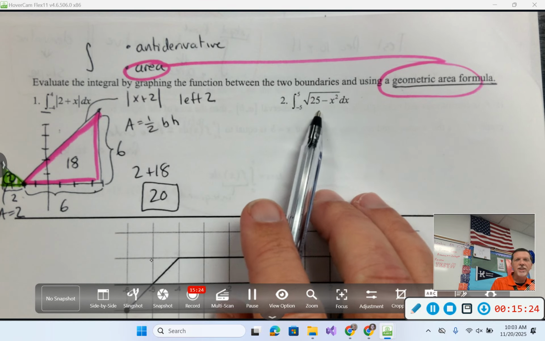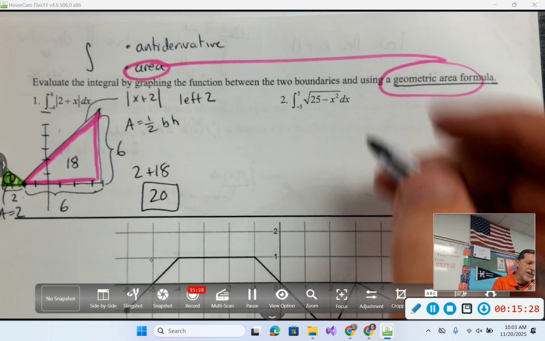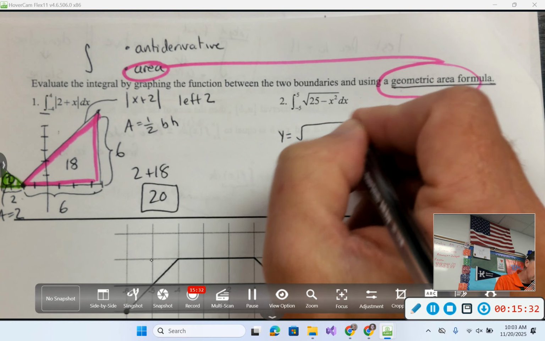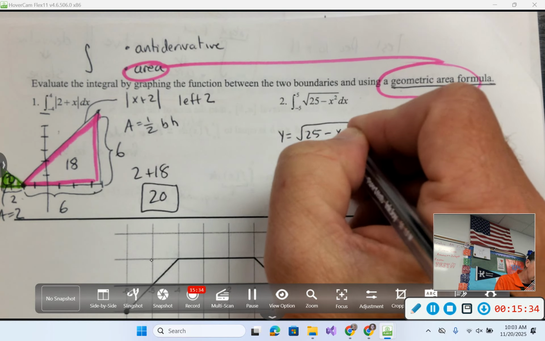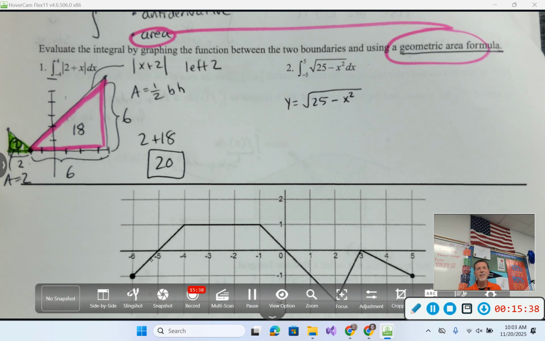Number 2. I'm guessing most of us probably don't know what that graph looks like. So not great initially. AP likes to use this equation though, because it converts easily.